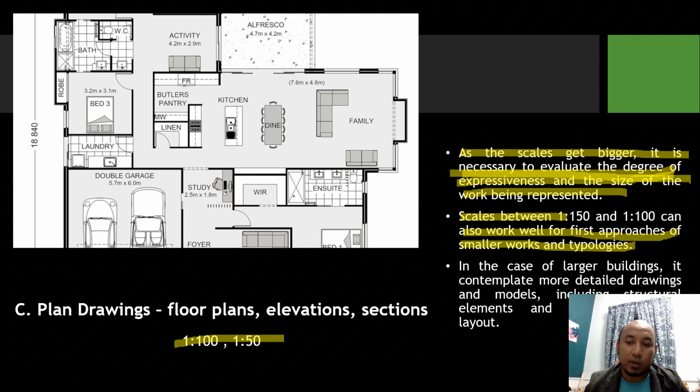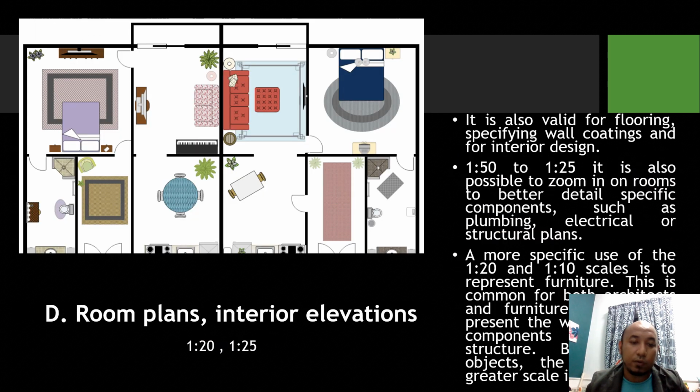In the case of the largest buildings, it completely contemplates more detailed drawing and models, including structure elements and better defined layout. For the room plan and interior elevation, this is their ratio, 1:20, 1:25, and it is also valid for the flooring, specific wall coating, and for the interior design.